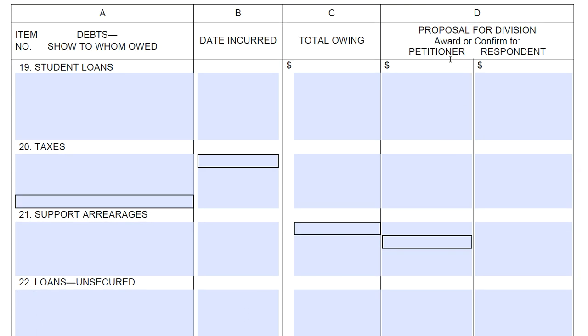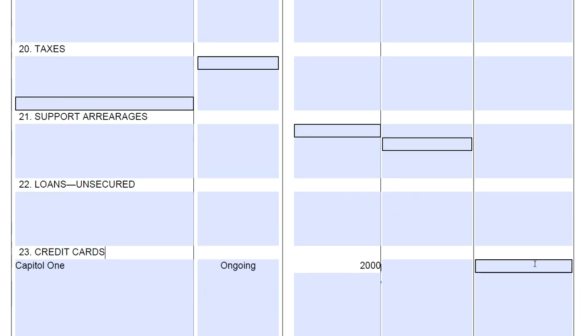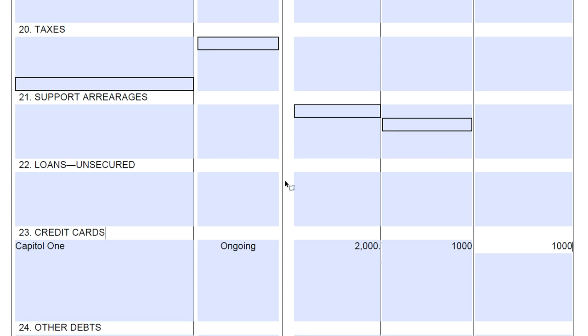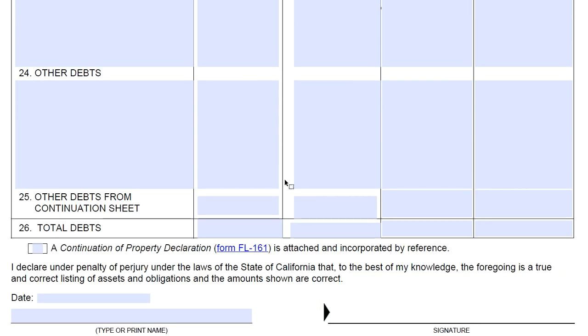So you can ask to divide up that $2,000 between petitioner and respondent so that maybe each of you is going to pay $1,000 of it. Like I said, the goal is fairness and relatively even distribution.